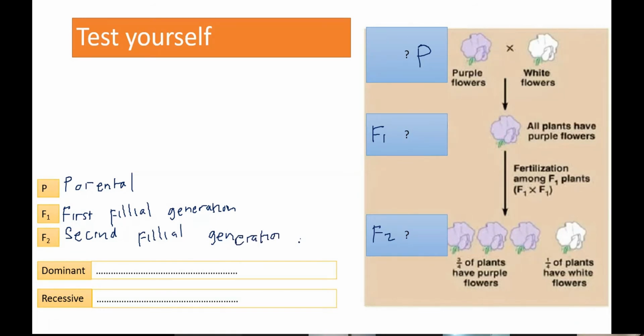What is the dominant trait from this monohybrid experiment diagram? Purple. Yes, dominant is purple, the color of the flower. So the recessive is white color.